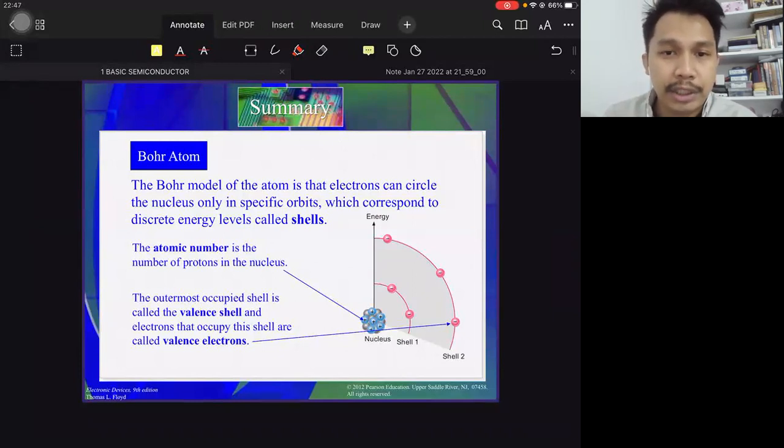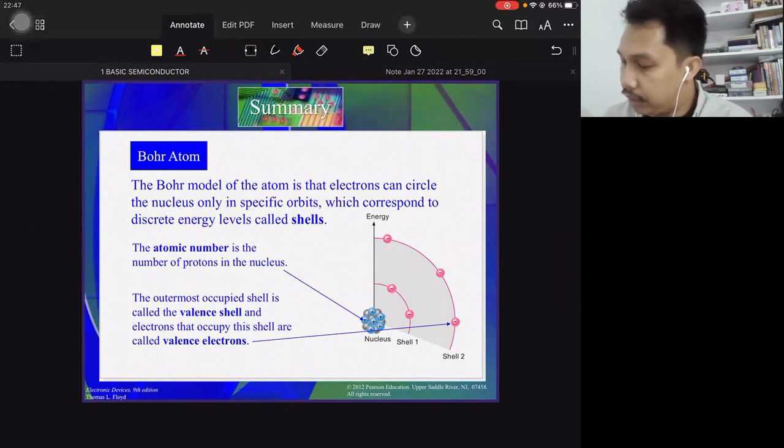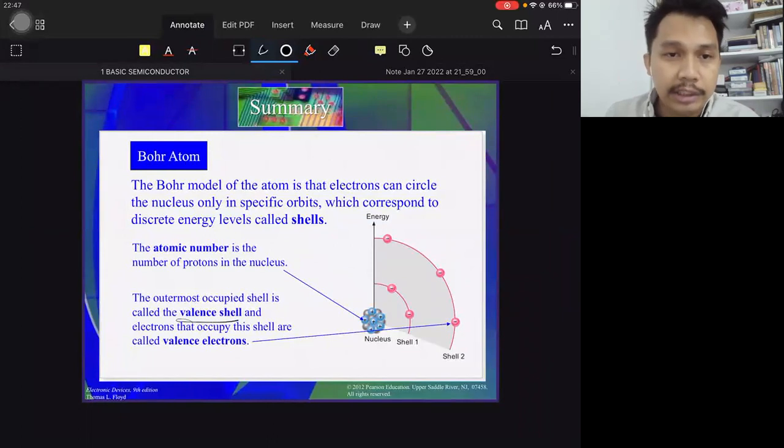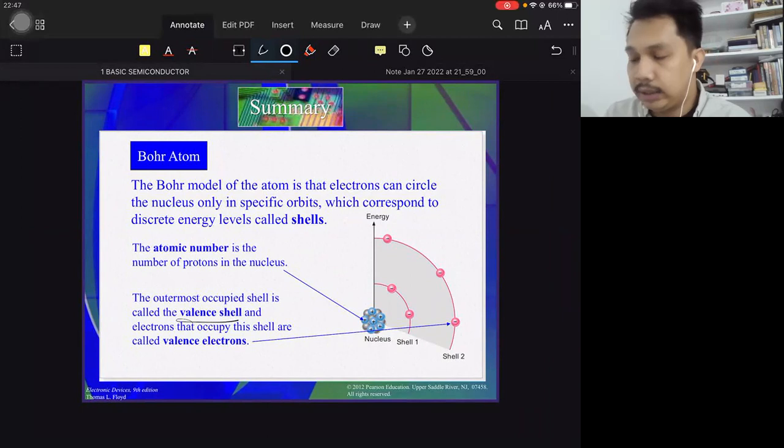Electrons with the highest energy exist in the outermost shell of an atom and are relatively loosely bound to the atom. This outermost shell is known as the valence shell, and electrons in this shell are called valence electrons.